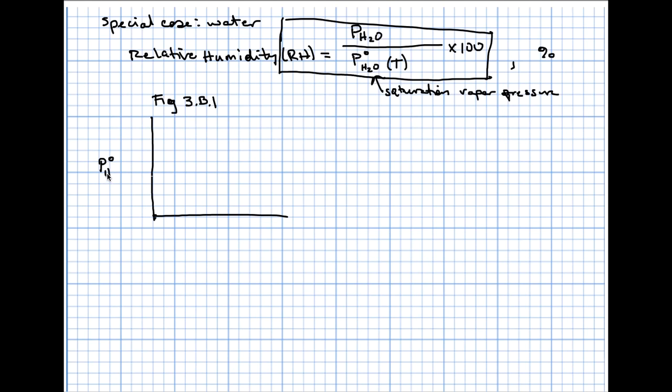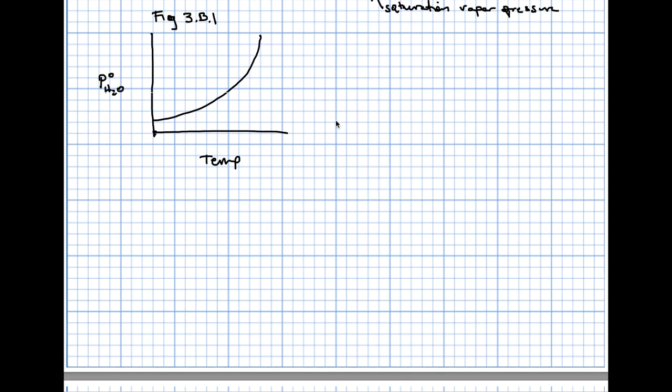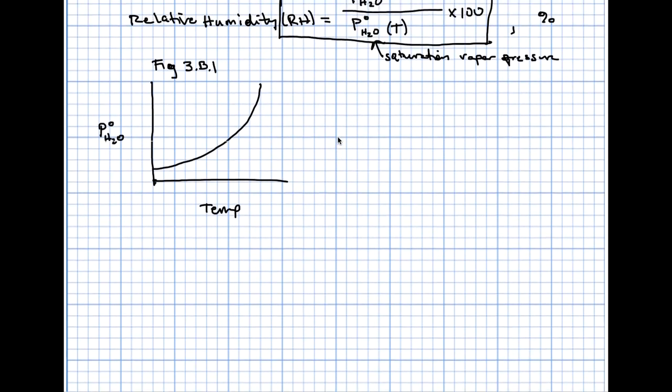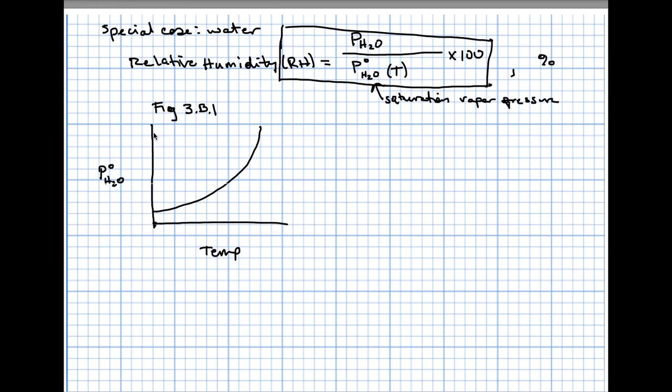The equilibrium partial pressure versus temperature, and it increases quite dramatically. And there's a value that you'll be familiar with at a total pressure of 1 atmosphere and a temperature of 100 degrees, something special happens.